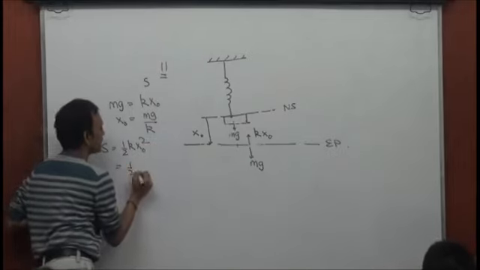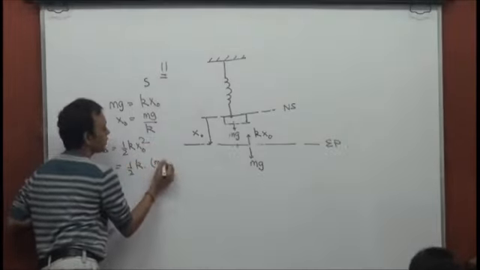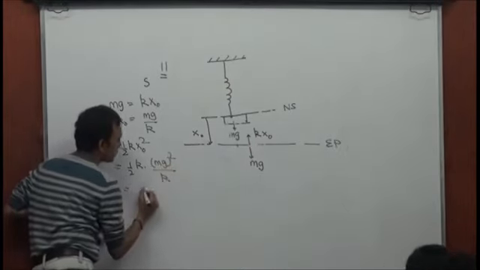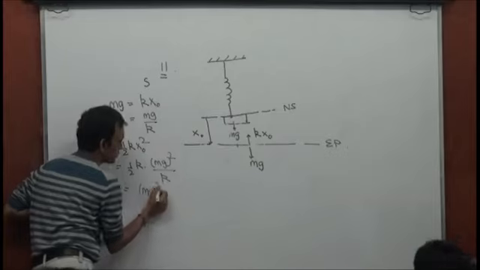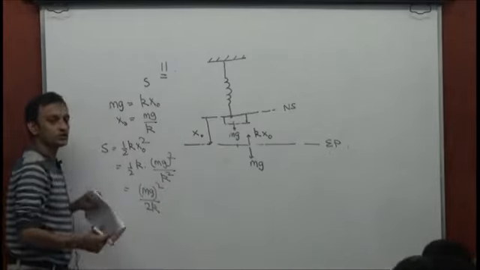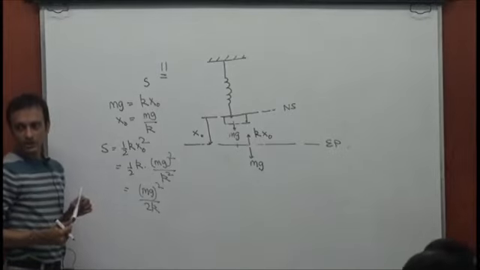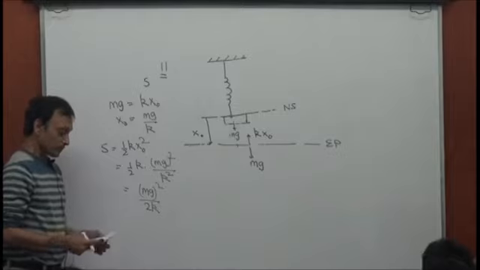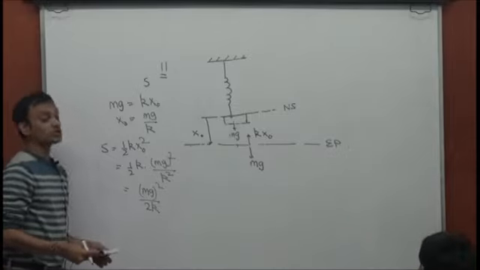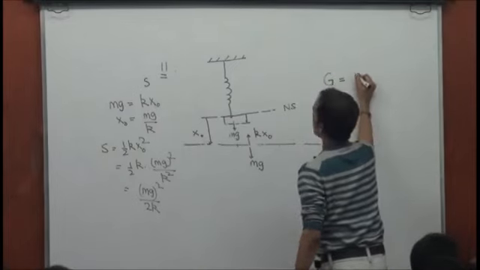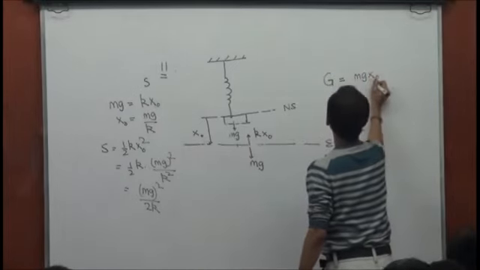So which is like half k into mg whole squared by k squared. Mg whole squared by 2k. That's the gain in spring energy, half k x naught squared. Right? And G be the loss in gravitational potential energy. G is like mg into x naught.